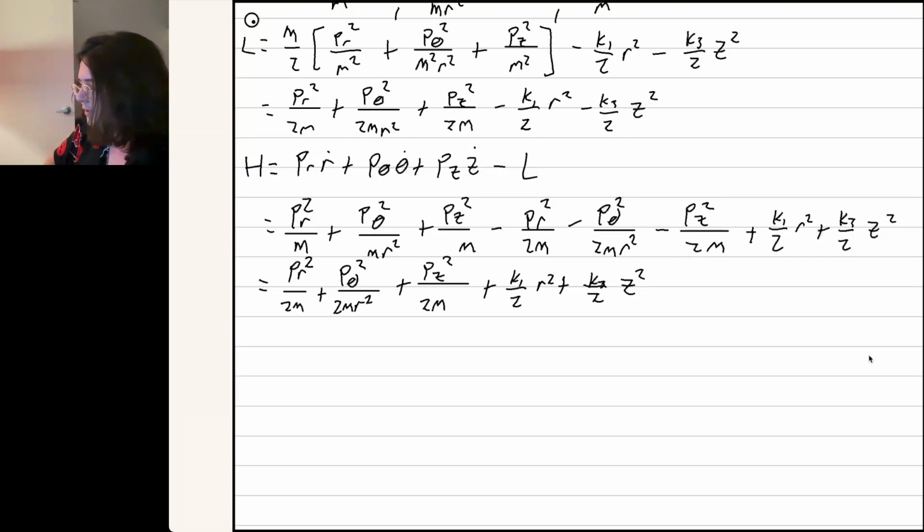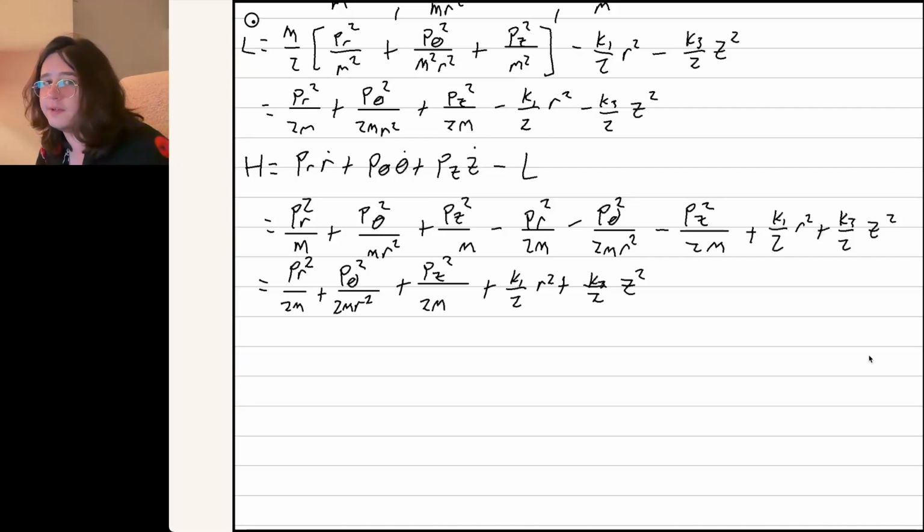Right, that's the Hamiltonian. This thing has terms of r and z, but noticeably doesn't have any terms of theta, which means it's cyclic in theta.